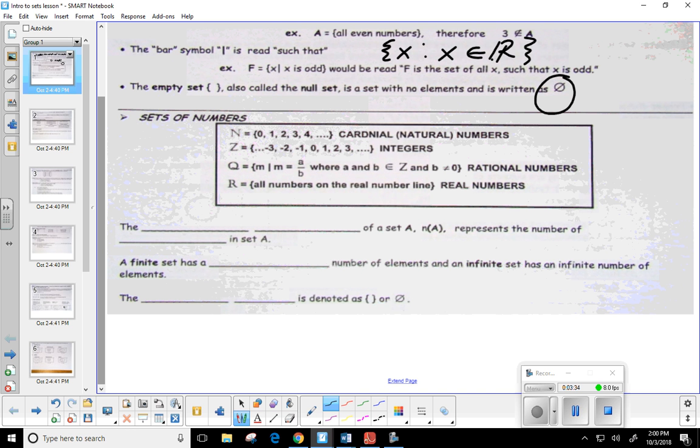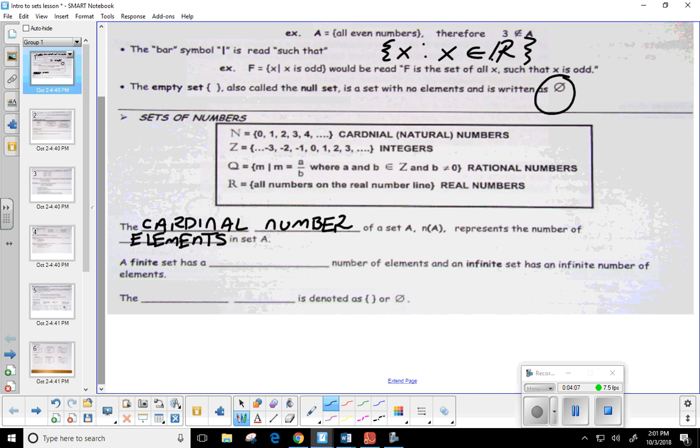So the cardinal number of a set A, or n of A, represents the number of elements in a set. When we're talking elements, we're talking about the actual number of objects, the actual number of values or items, whatever it is, that's contained in your set.